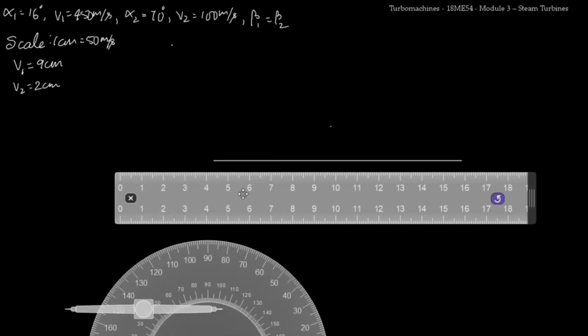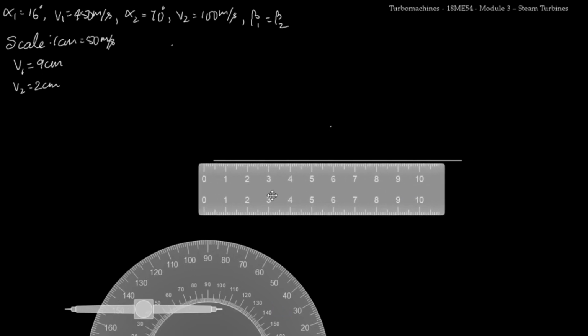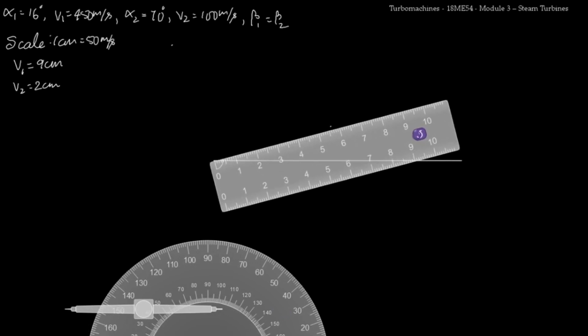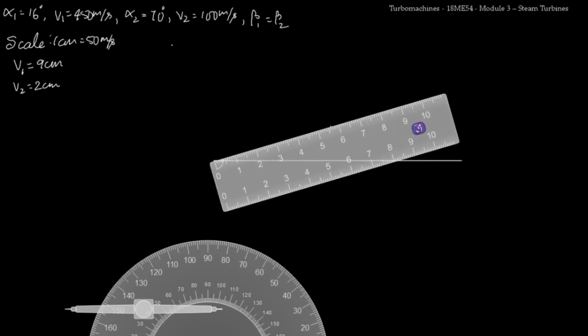I'll move it. Now I need to draw lines for V1 and V2. So I'll place at this end and I'll tilt this till I reach this point. Now I'll draw a line. I'll not bother with the length.